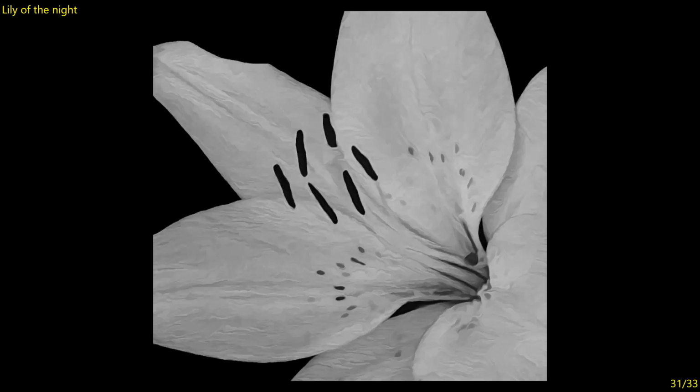Lily of the night. Okay, so here again, there's some post-processing with some plugins, some filter to give it a painterly look. I think by turning it to black and white, it was a good decision.